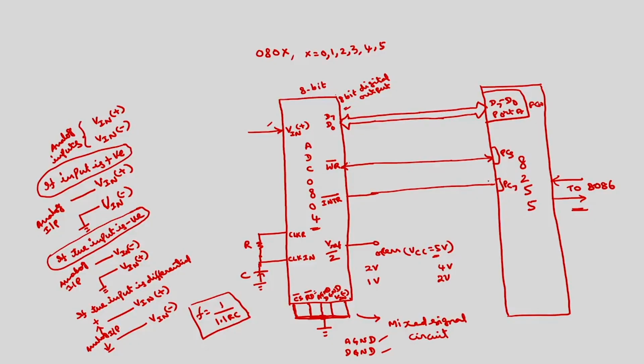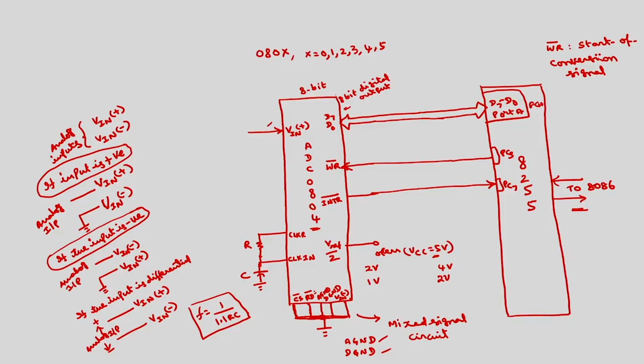This is output, this is input. So the operation here is WR bar will act as the start of conversion signal.